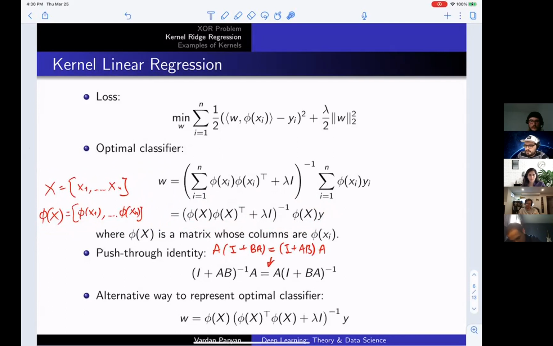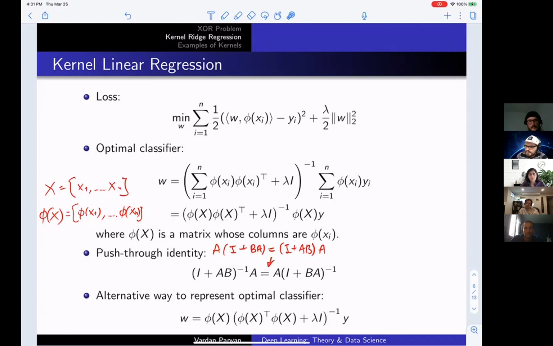And if you do that, this is what you get. Now, why is this a useful manipulation to do? I guess now the dimensions of the matrix you want to invert are much smaller. That is correct. Thank you, Tristan.